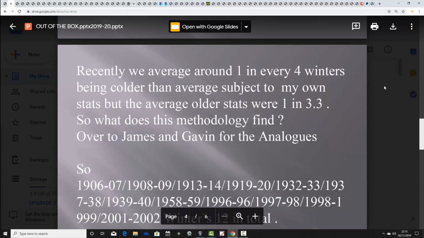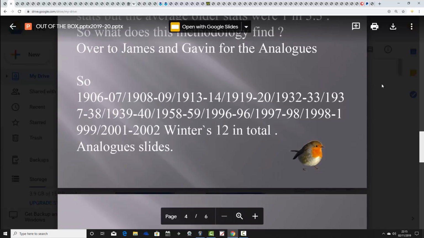So what does this methodology find? Over to James and Gavin for the analogues.